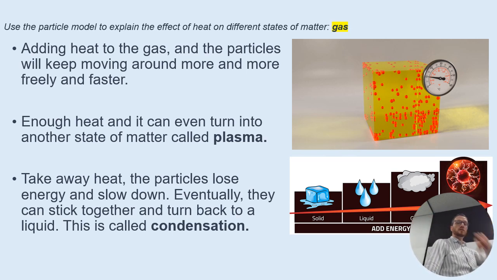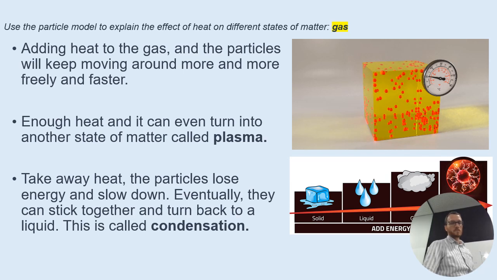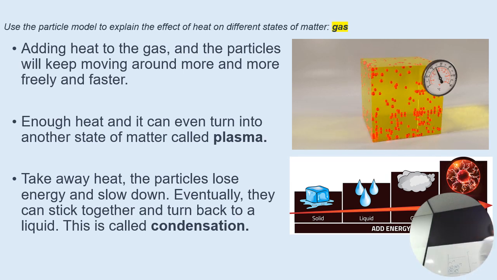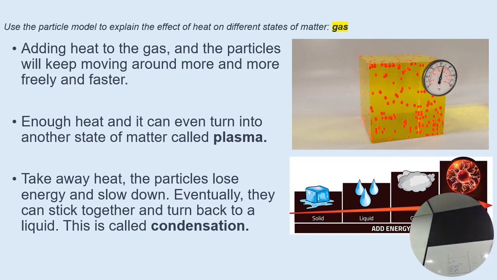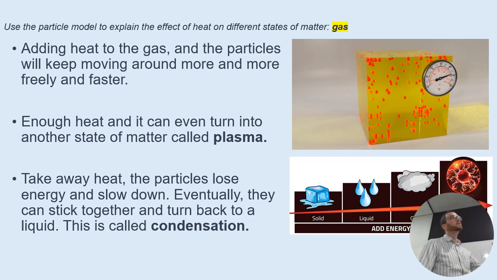And those of you who are interested, I'll talk about that another day. There's a little video about heating up a gas. We can see what is happening with the particles that are in it as the temperature increases. Particles move more rapidly. Cool a gas and eventually it will condense back to a liquid.